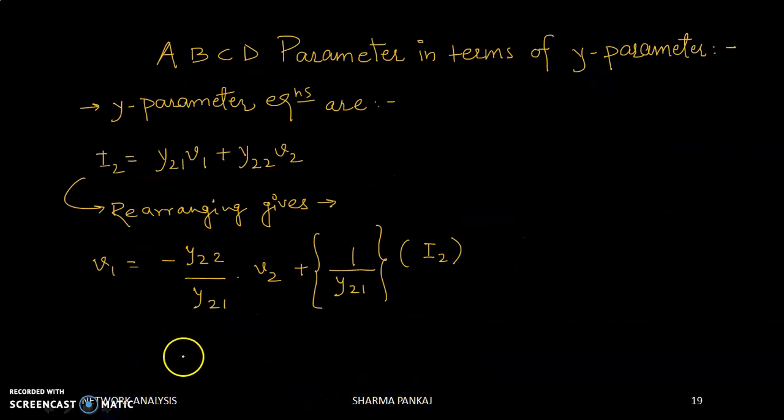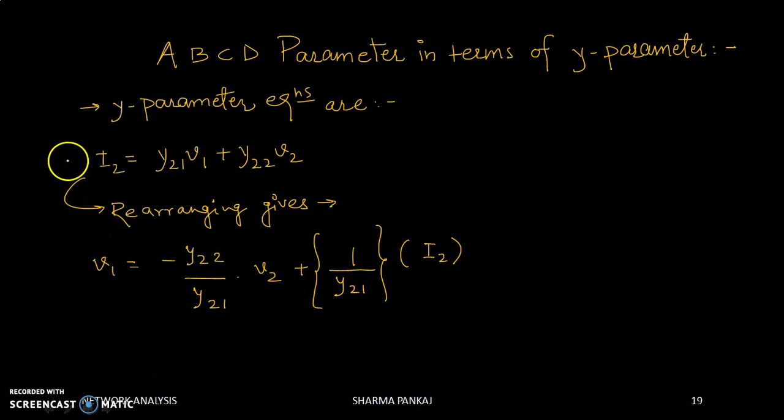Now let us move towards the next topic, that is ABCD parameter in terms of Y parameter. We are interested to find out the value of ABCD parameter in terms of Y parameter, so we are going to do the same analysis in a similar pattern. First of all, we will have equations from Y parameter.